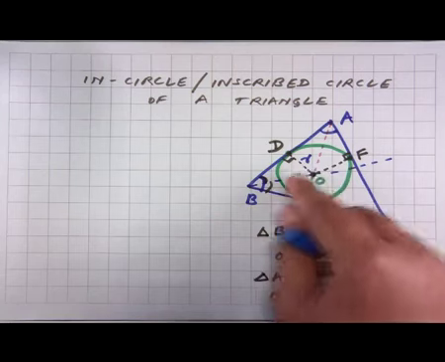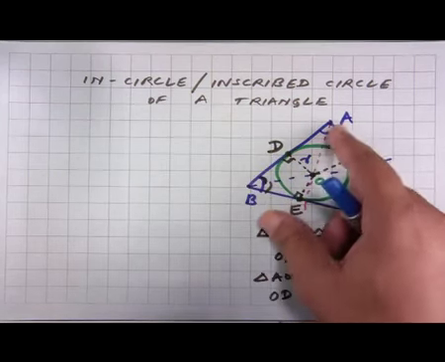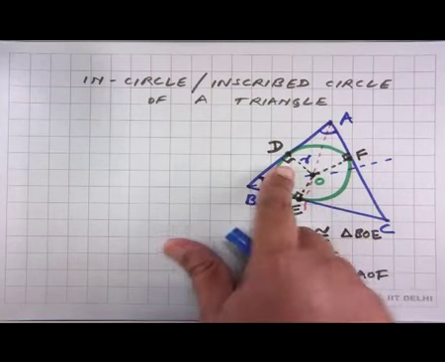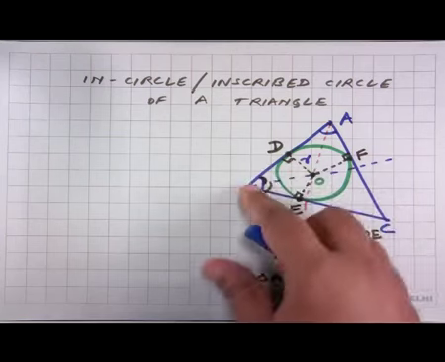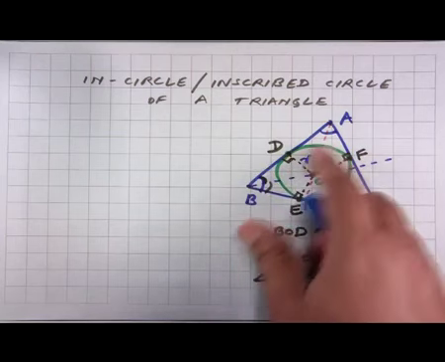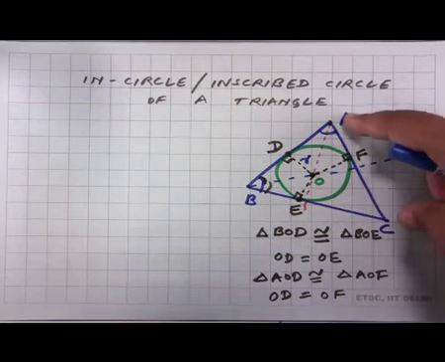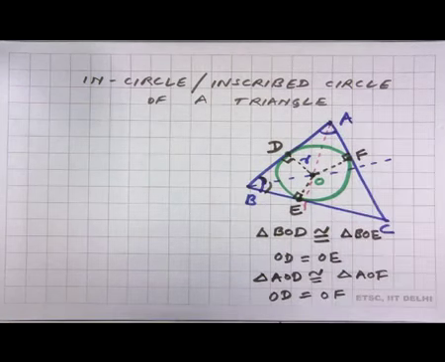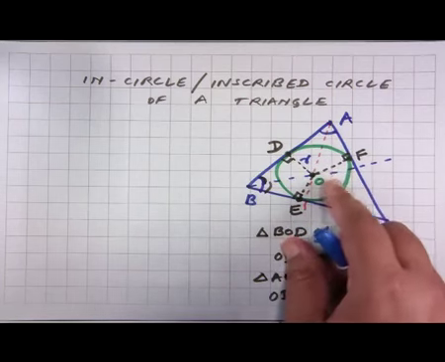And of course, wherever it touches, it is clear that because this angle is 90 degrees at this point D, the line AB is a tangent to the incircle at the point D. Similarly, the side AC of the triangle ABC is a tangent to the incircle at the point F.